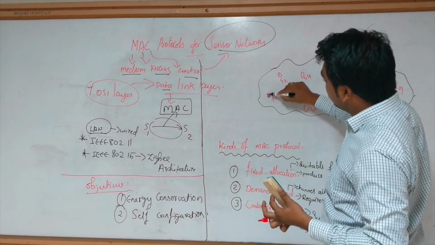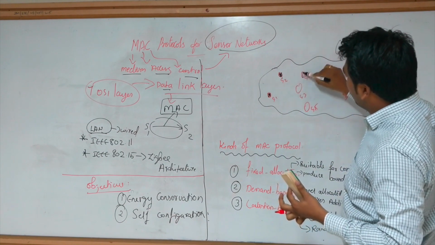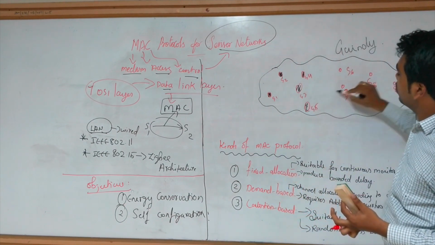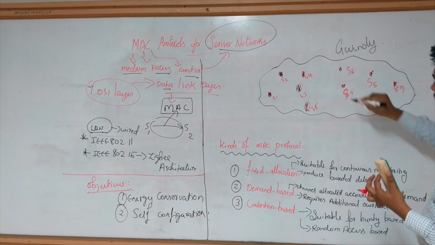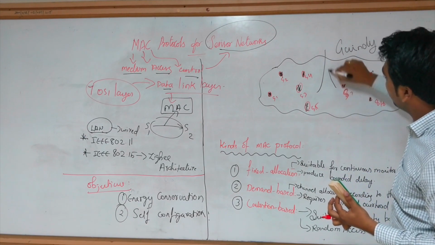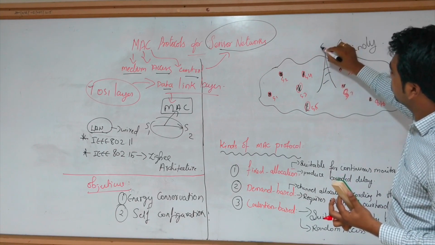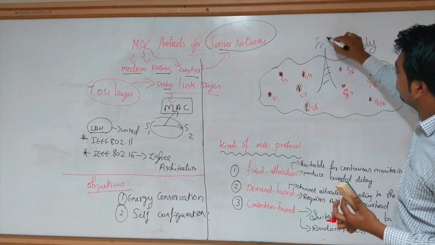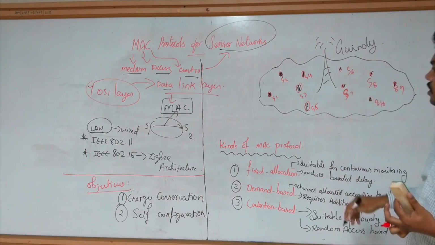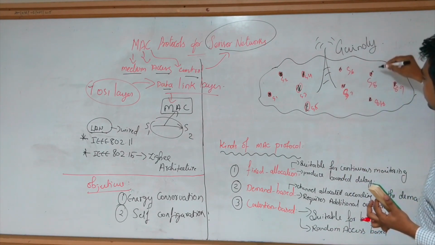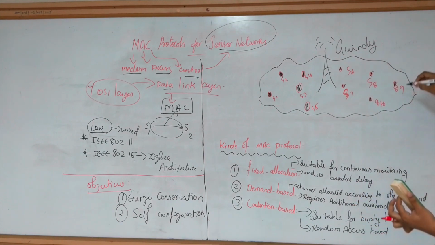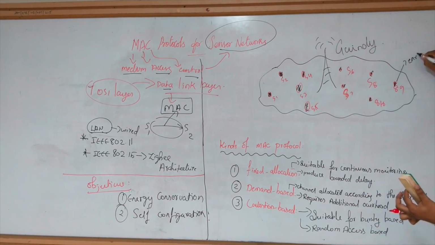These are my sensor nodes, and this is a sensor network. There will be a base station receiving all the information. What I am going to sense is an earthquake, so I am going to use an earthquake sensor over here.